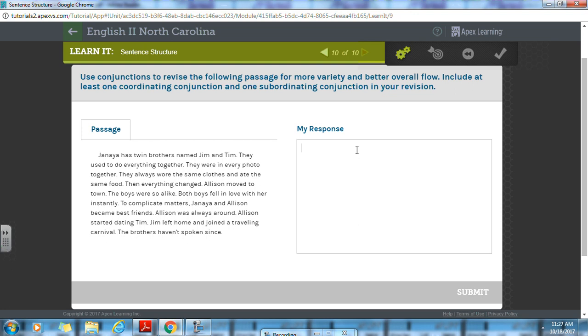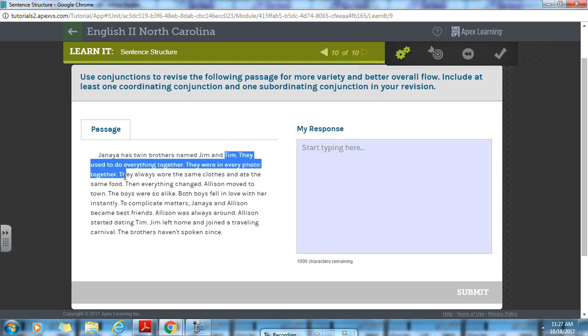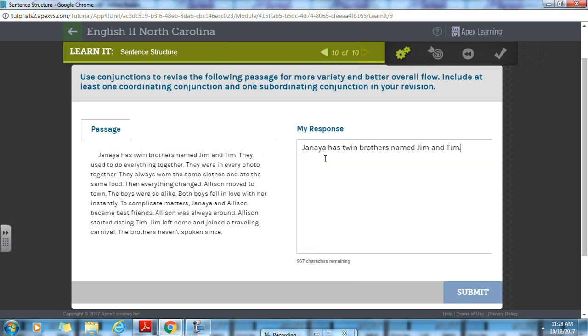Janiyah has twin brothers named Jim and Tim. They used to do everything together. They were in every photo together. So the first thing I'm doing is I'm going to keep this because I like my topic sentence to be a direct statement. Then I want to combine these two sentences. They used to do everything together, comma, and were in every photo together.